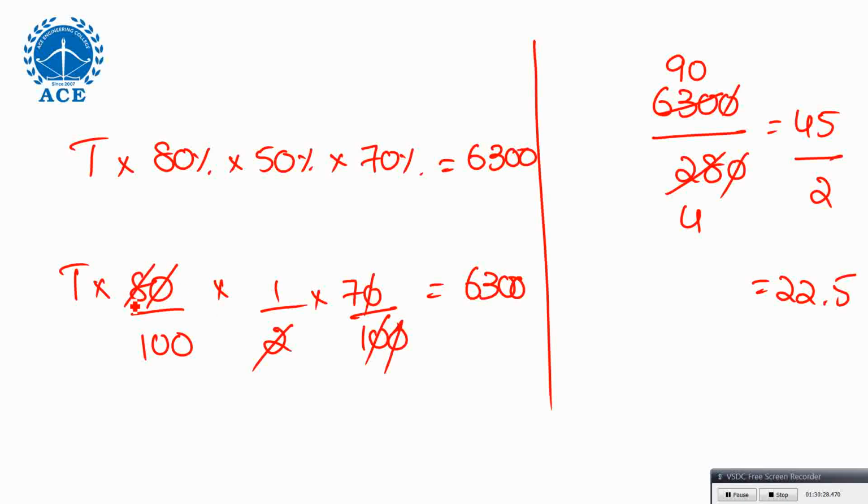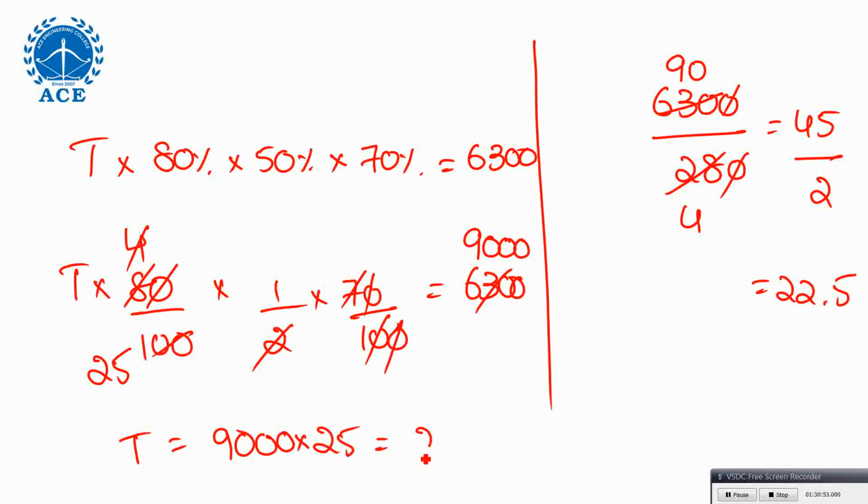This is 900 times, and we can keep 25 also. Anywhere I missed a percentage? Yeah, 10 here we added extra. 900 times 25.